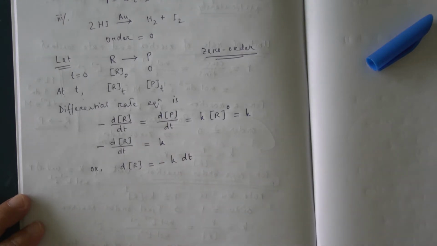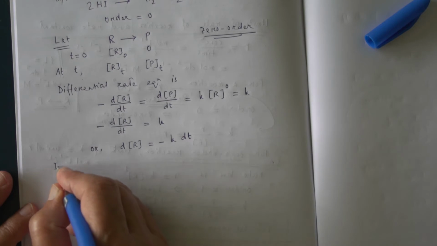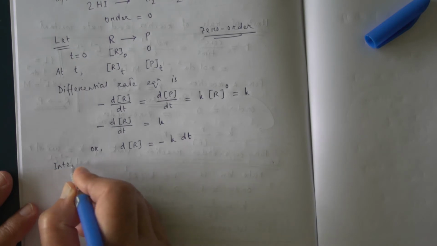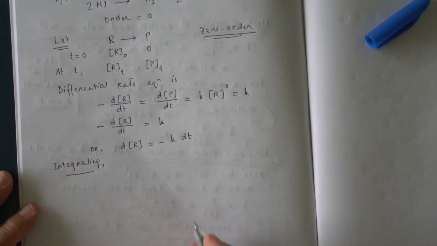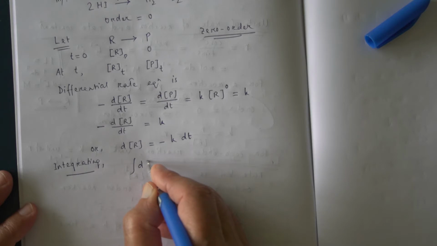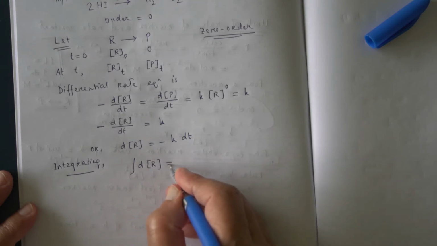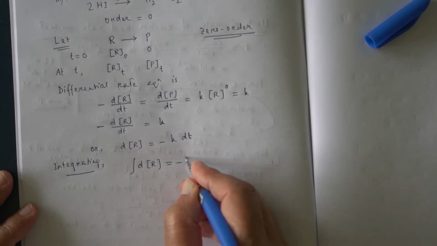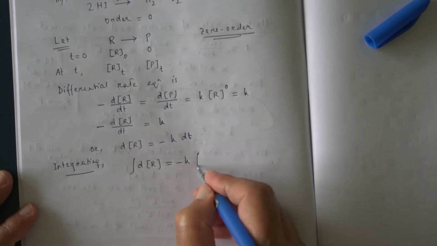Now integrating both sides, integration dR equal to minus k integration dt, k is constant so we keep it outside.